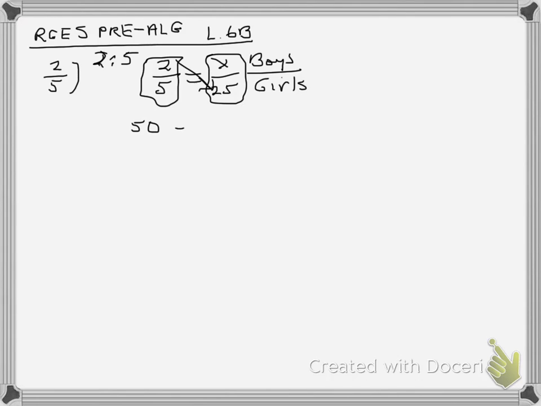And you take the bottom left and multiply it by the top right. So 5 times x is 5x. And then you would divide both sides by 5. So x equals, or you say 5 times what equals 50, and x equals 10. So there are 10 boys for every 25 girls. That would be the same proportion.